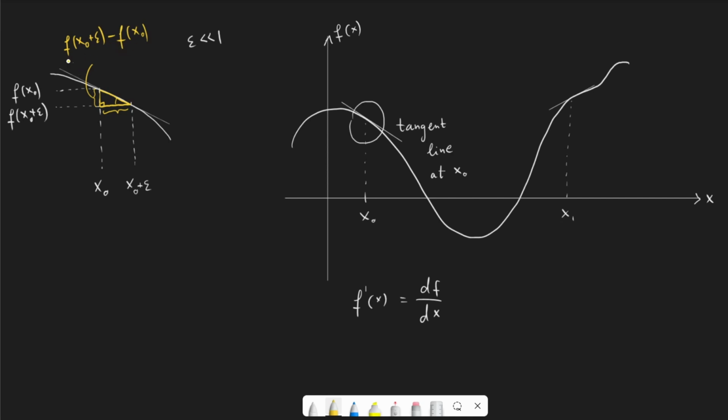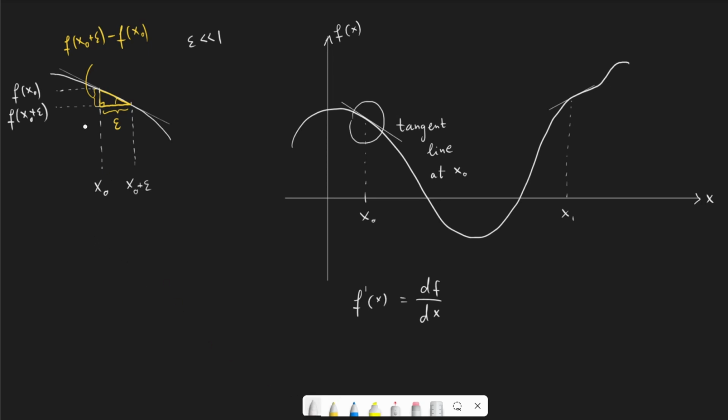And here I would like to highlight that it is important for us to subtract the earlier function value from the later one, because this way we will have a negative value in this example, and this is okay because we can see that the slope of the tangent line is negative, and the horizontal change is simply epsilon.